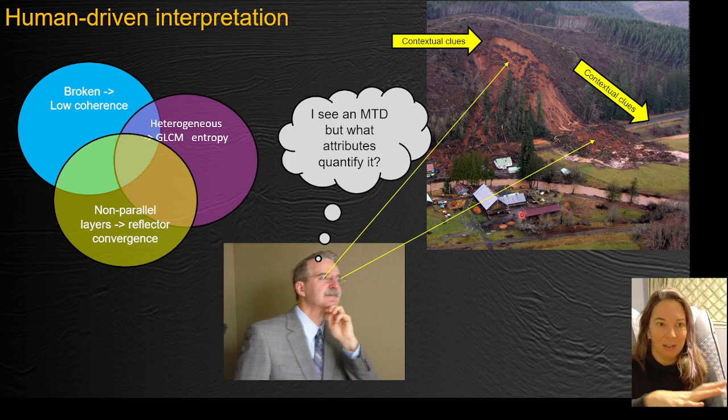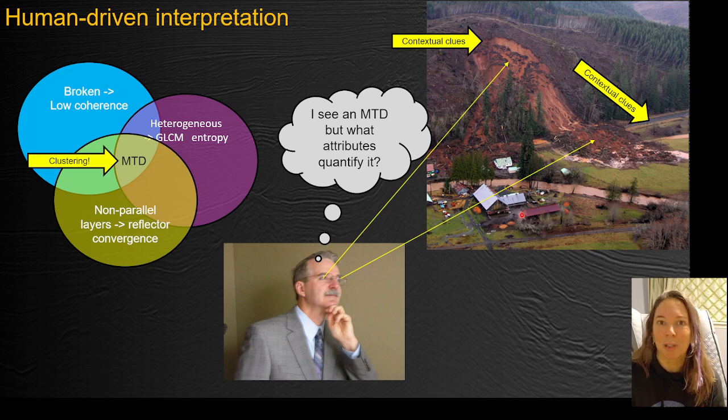And then as the landslide happened, the layers are no longer parallel, they're non-parallel. We may see some reflector convergence at the terminus of the landslide. All of these we can put together is what we're doing if we break down what we did in like 3 seconds looking at this image to call it a landslide. And so what we would expect with all of these observations is a mass transport deposit.